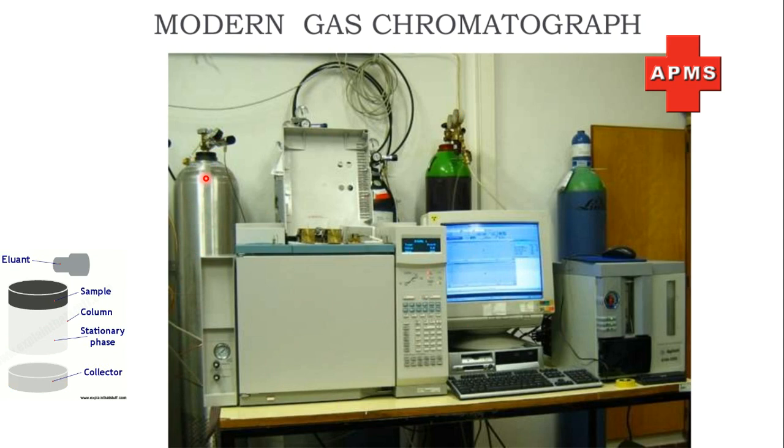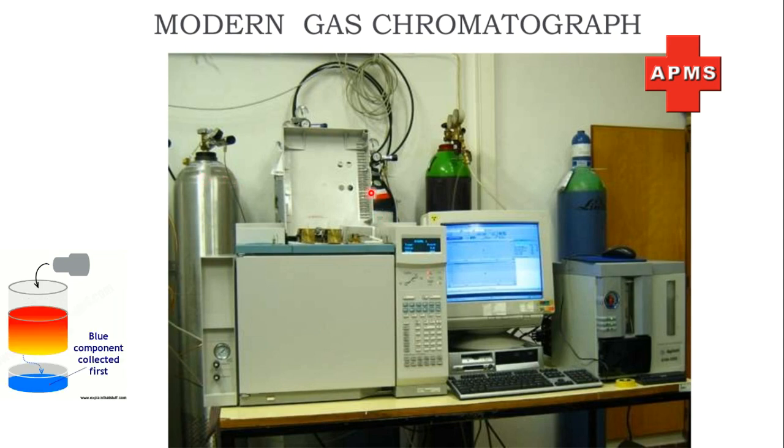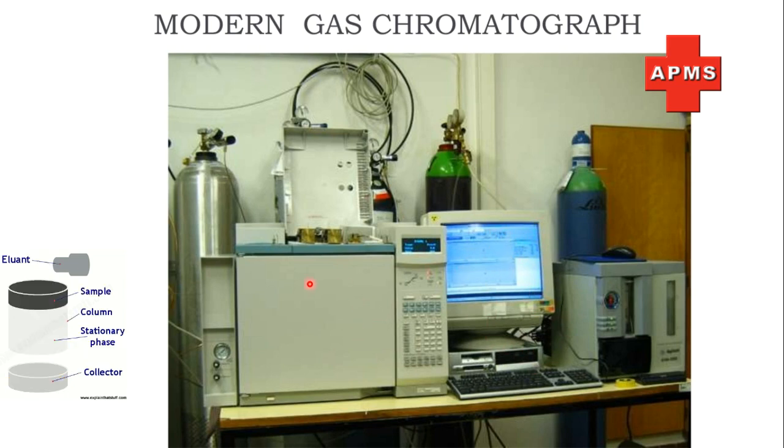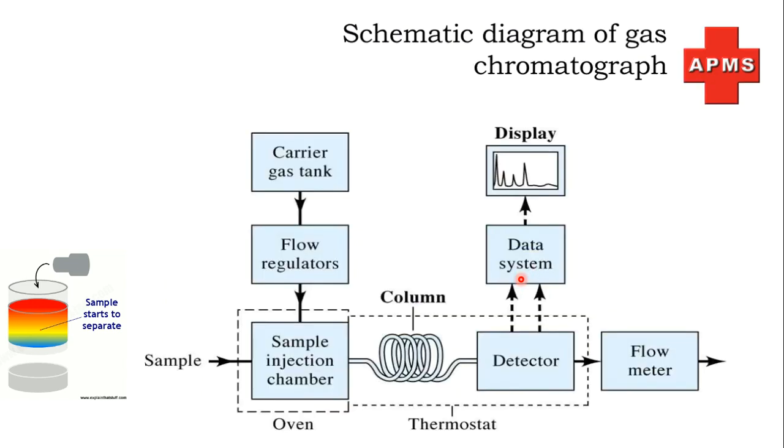Generally nitrogen is highly used, or helium or argon, depending on the experiment. This is the whole assembly. Then this is the output assembly, a computer attached to this instrument, which is the detecting device and shows signals on this screen. So this is the whole assembly of the instrument.